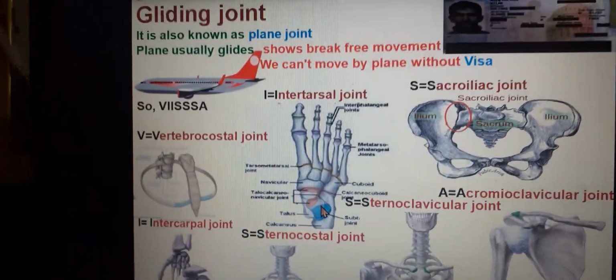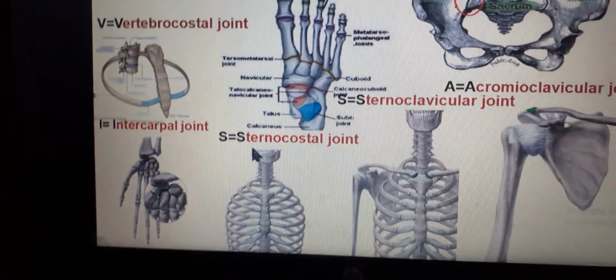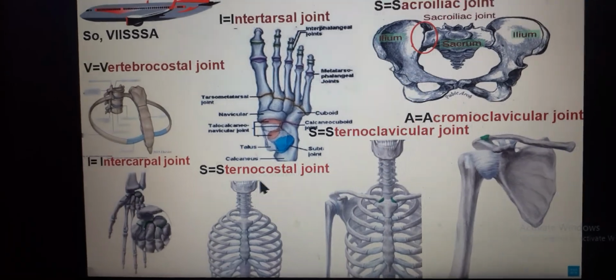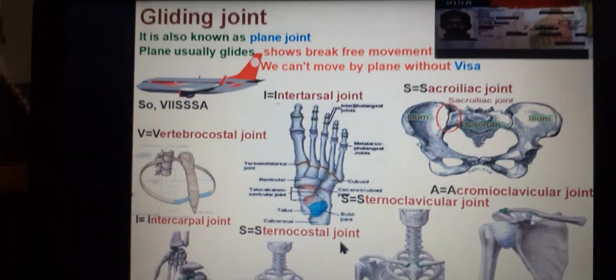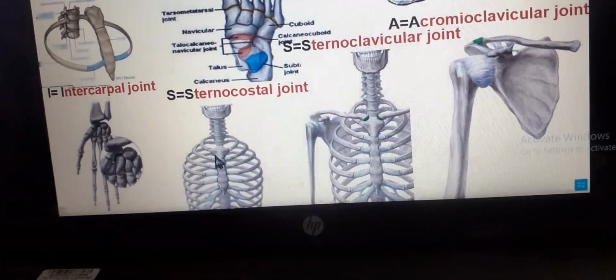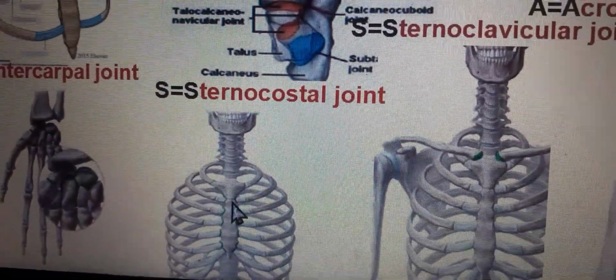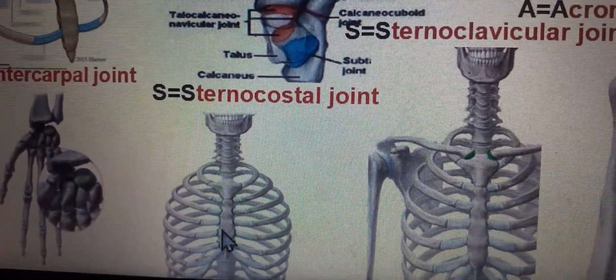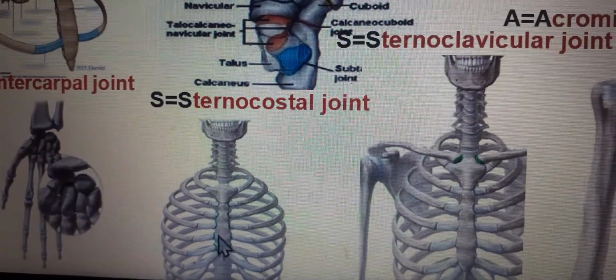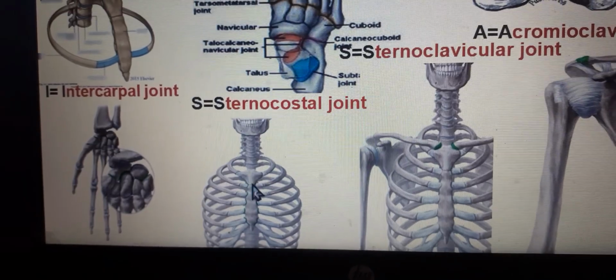Okay, now triple S. One S is the sternocostal joint. First sternocostal joint is a saddle joint, but here it is except the first, these are in between the sternum and the costal cartilage. Here is the sternocostal joint. Okay, so except first.